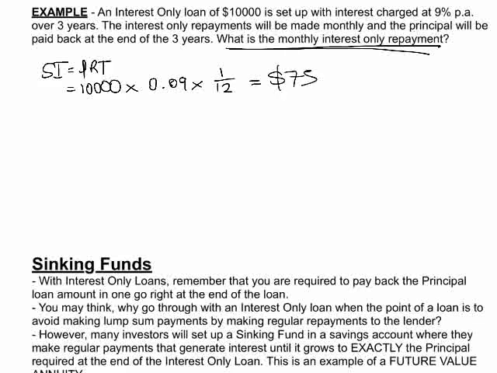If you don't like that shortcut, you can work it out with no shortcuts. SI equals PRT, which is 10,000 times 0.09, and thinking logically, it's going to be 3 years.